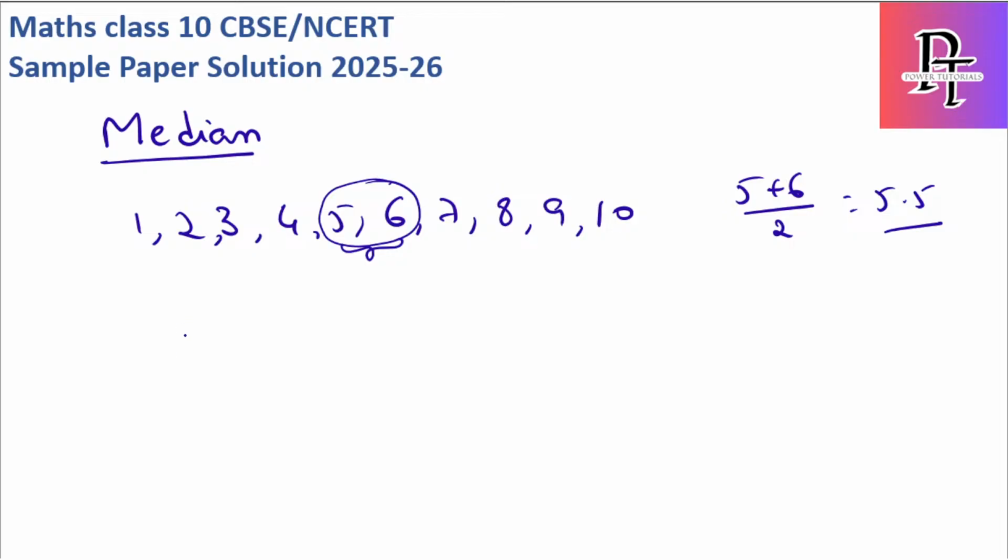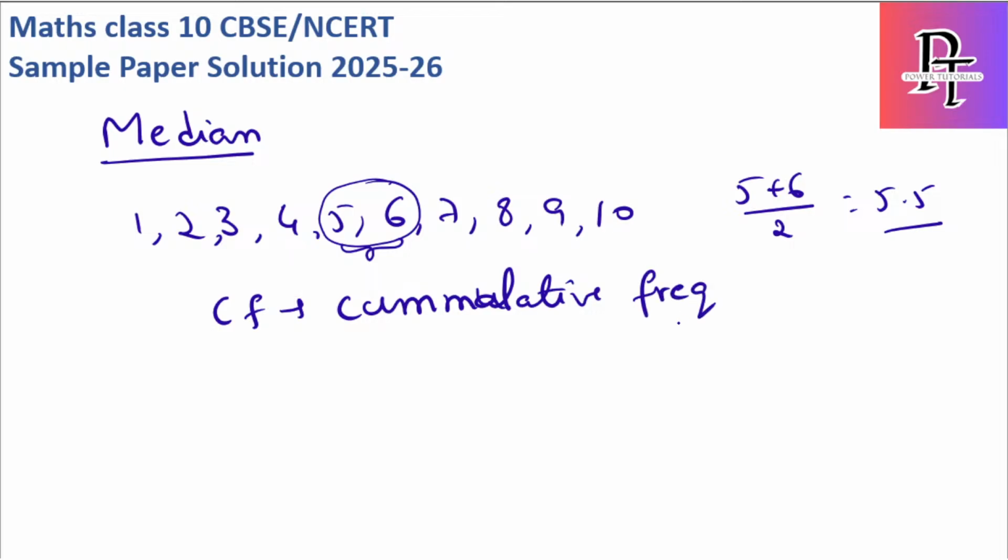What about a discrete series? For series kind of questions, we have to understand one more concept called cumulative frequency, which is called CF. Cumulative frequency is the sum of all frequencies up to that particular value.